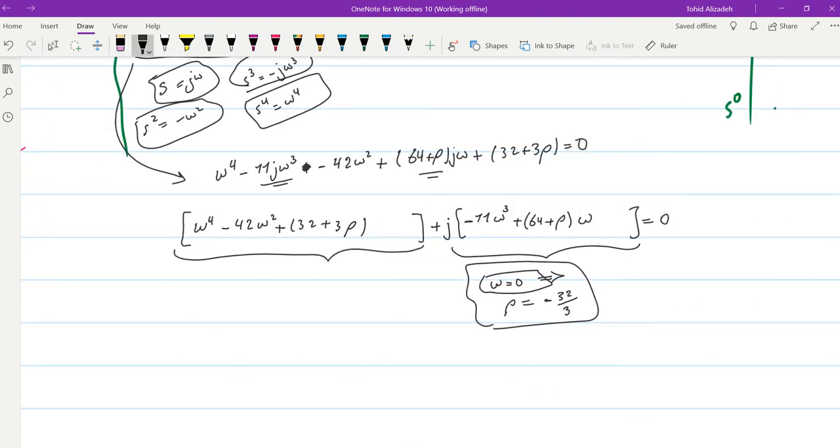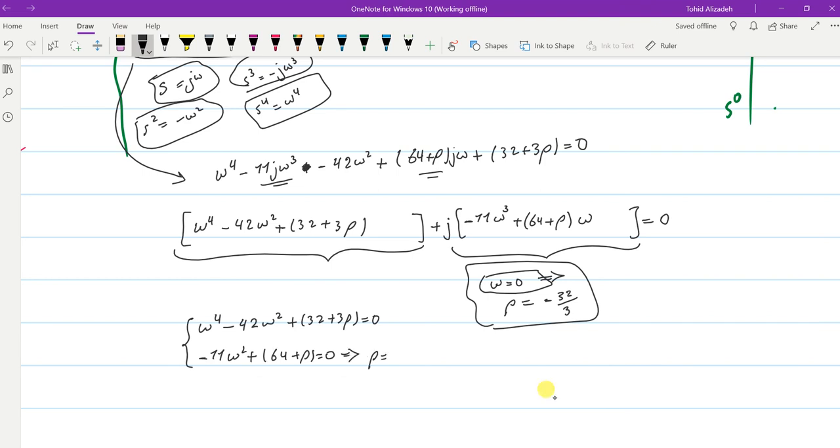But if we consider the rest of the equations that we have here, we have omega to the power of 4 minus 42 omega squared plus 32 plus 3 rho equal to 0. And from the imaginary part, we have minus 11 omega squared plus 64 plus rho equal to 0. We just need to solve these two equations.